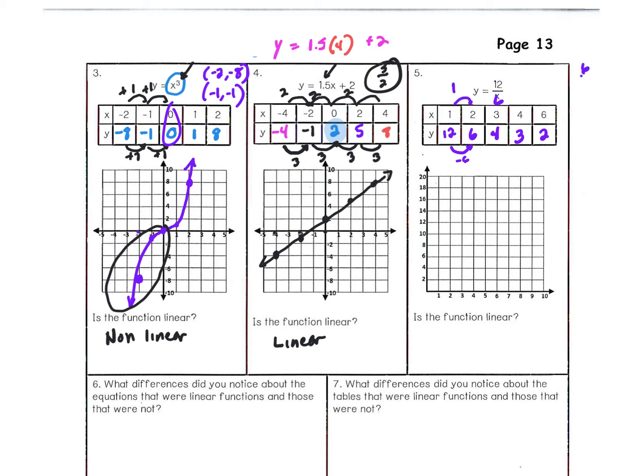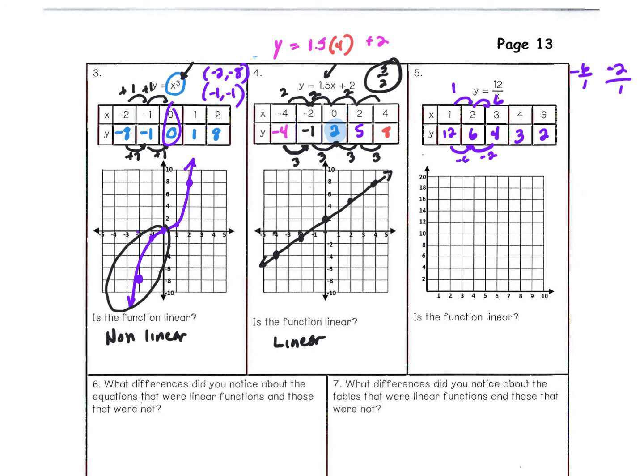So far that's 6 over 1. My change in my y's would be down 2. My change in my x's are still up 1. So now I have down 2 over 1. So negative 6 over 1 and negative 2 over 1 is not constant. So I know it's not linear based on the table.